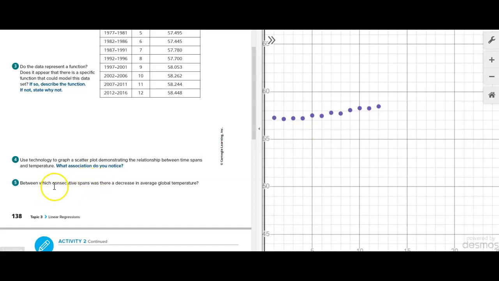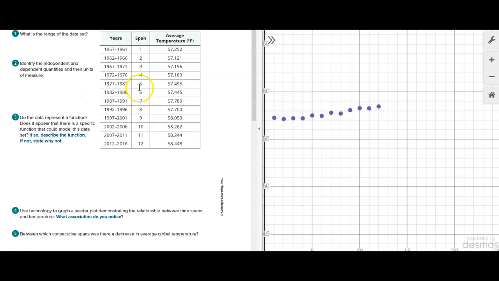And then the last one is the last question here: between which consecutive spans was there a decrease in global temperature? So for that question, you can either look at the table or you can look at this graph. And you ask yourself, when does the temperature go down between years? So for example, if you look at between span 1 and span 2, does the temperature go up or down?